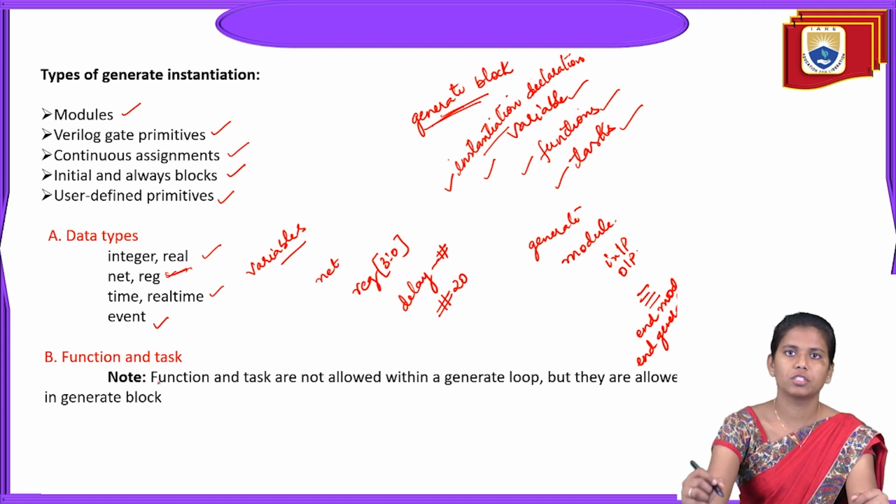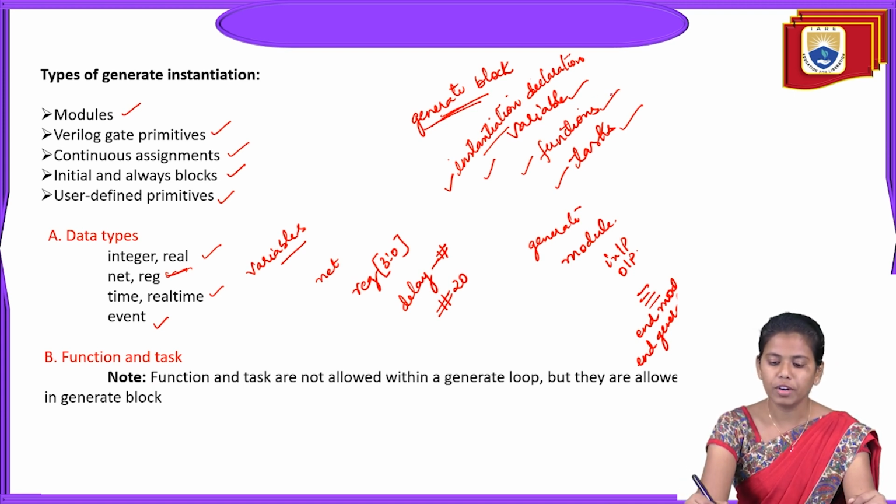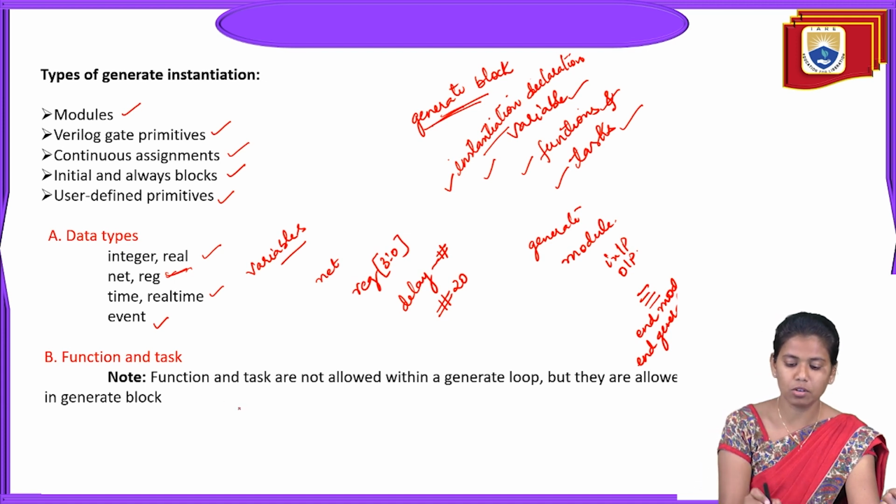Then coming to the functions and tasks. As I said, functions and tasks also come under the category of variable. In the generate block code, you can make use of these functions and tasks as well. Here we have an important note to remember: functions and tasks are not allowed within a generate loop.